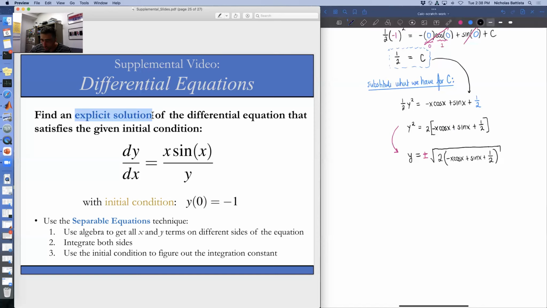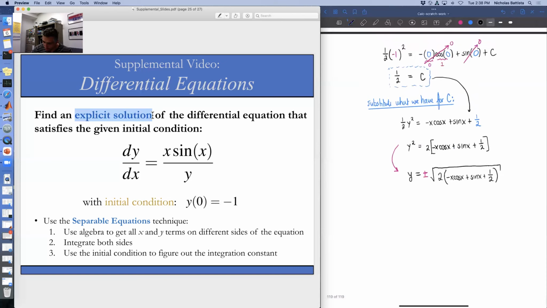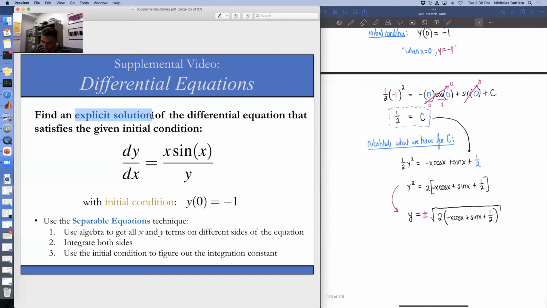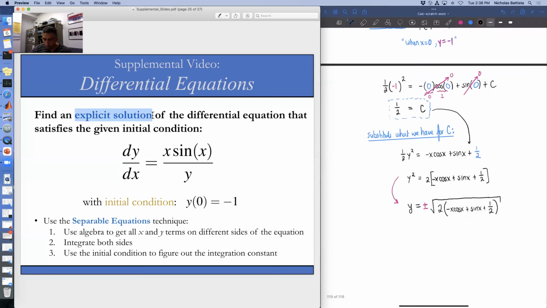And the reason why I want to go through this problem in particular is we're told at the beginning of this problem that we had this initial condition that when x equals 0, y equals minus 1. So if we're looking at what we have down below, let's try and substitute in what happens when x equals 0.